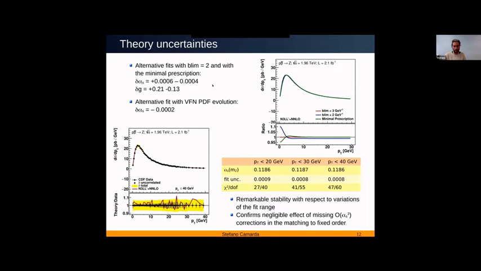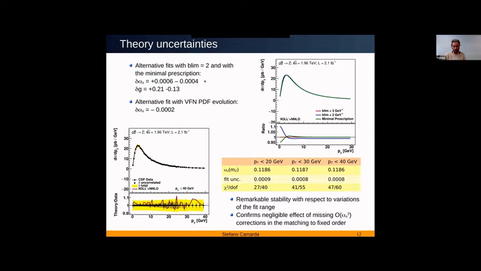The nominal value of b max is 3, so I vary it down to 2, and I also vary it to infinity using the minimal prescription. This gives a large spread on alpha S, from plus 0.6 to minus 0.4, and variations in delta chi-square which are at the level of 2. So that means that these variations are fine, a little bit on the conservative side compared to what the data is saying.